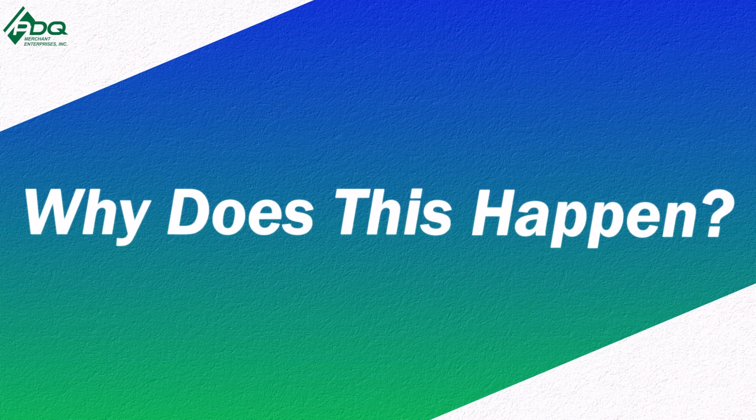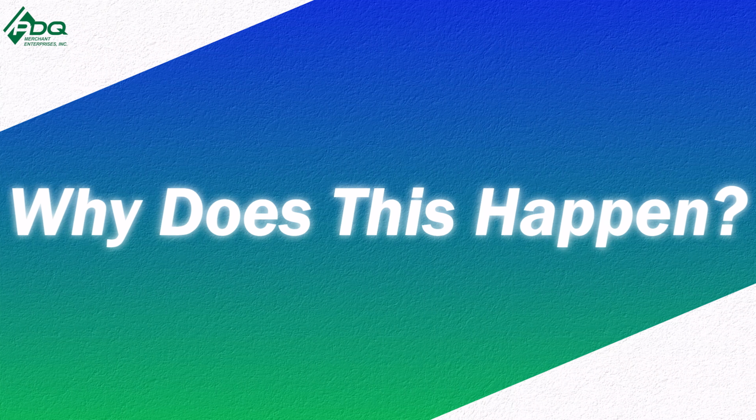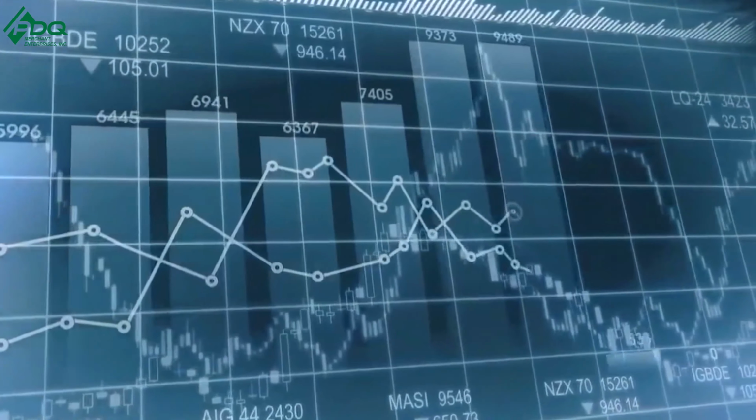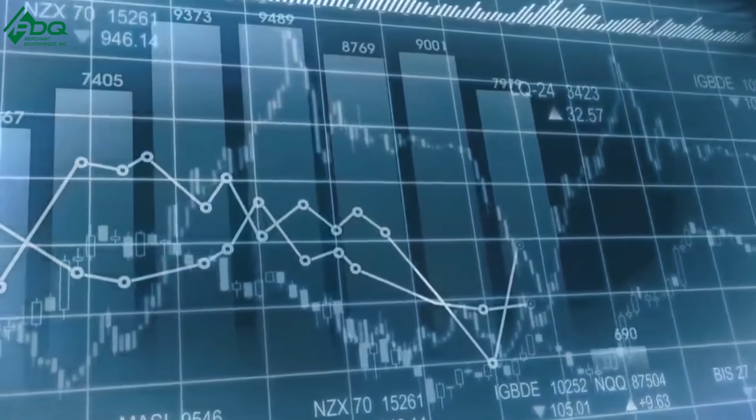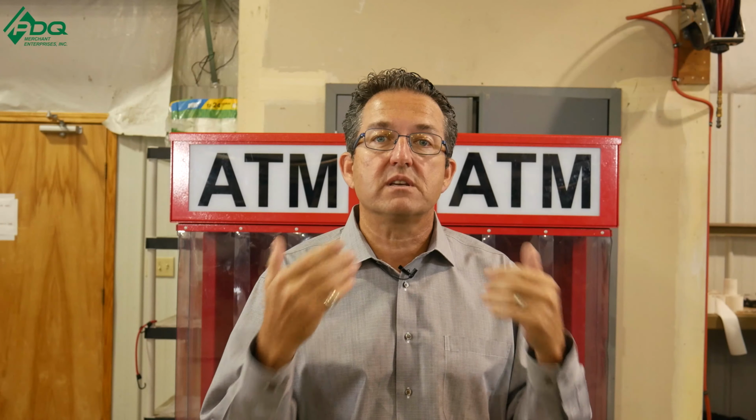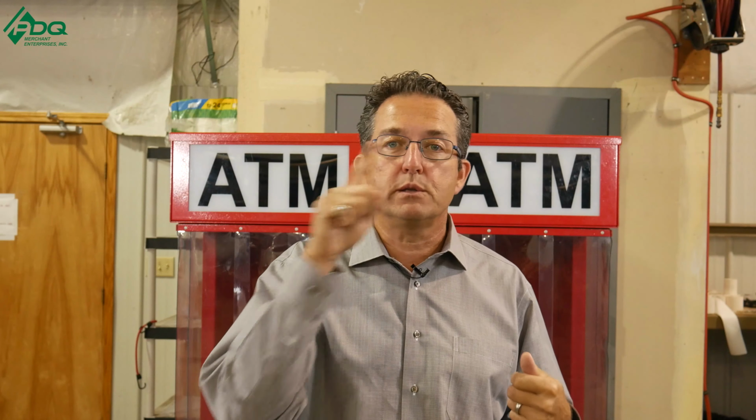Alright, so point number 2, why does this happen? Generally speaking, it's a communication error that occurs, either on the ATM side, or on the banking network side, or the bank side, sometimes the processor side. One of these things happens, and the communication isn't 100% loop, and when that happens, there's a dispute.